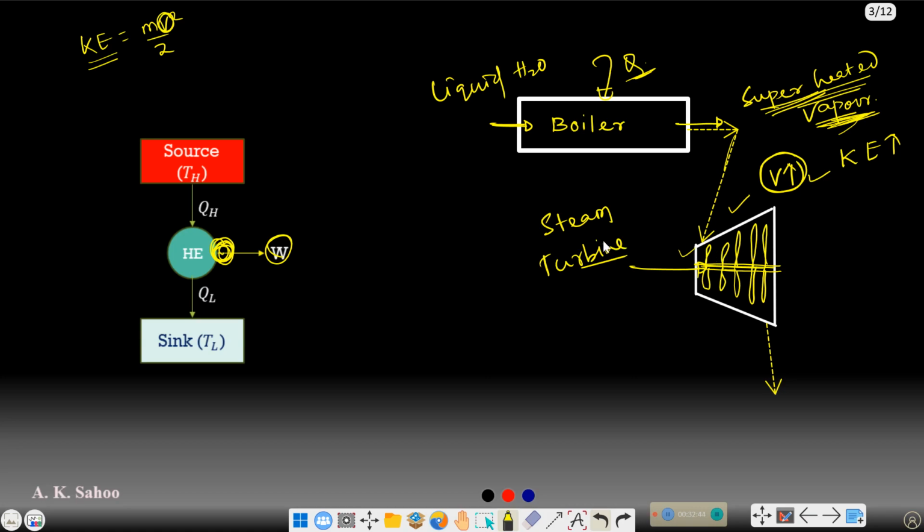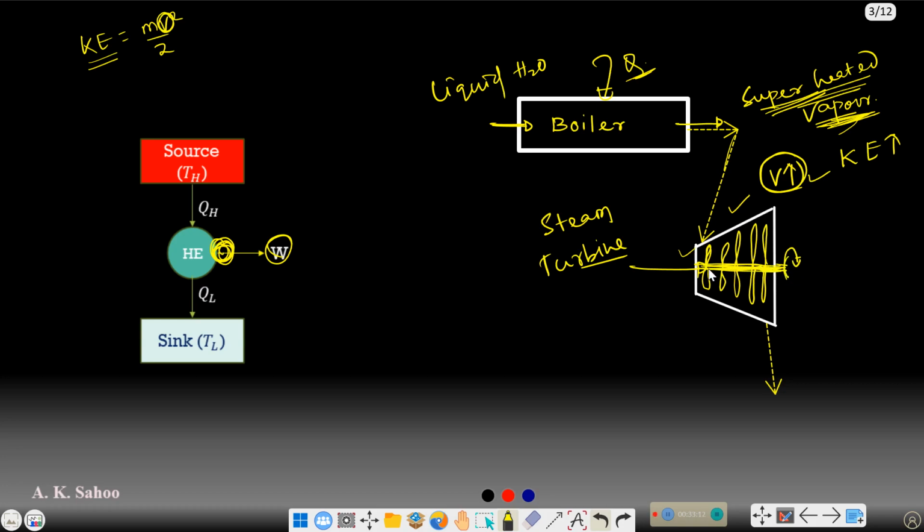So I am sending the superheated vapor with a high kinetic energy to this device, the steam turbine. With this high velocity, as our steam flows through the device, the fan blades will try to rotate. If the blades rotate, then the shaft mounted here will also rotate, and that is what we are looking for.